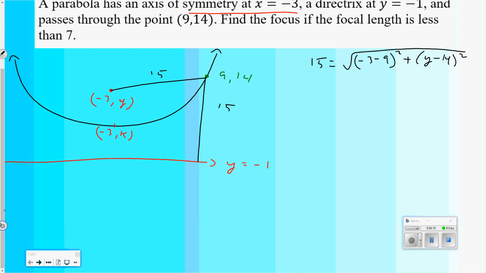From here, I'm going to solve this out. Square both sides to get rid of that square root, to get 225 equals 12 squared plus (y - 14) squared. Well, 12 squared is 144, so you can replace this with 144 and subtract it over to get 81 equals (y - 14) squared.